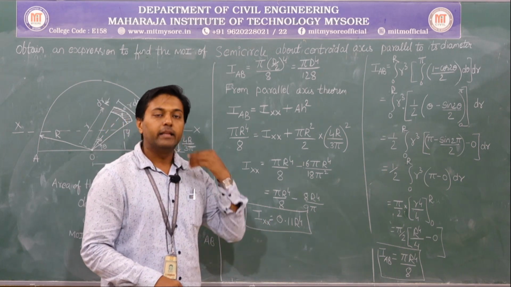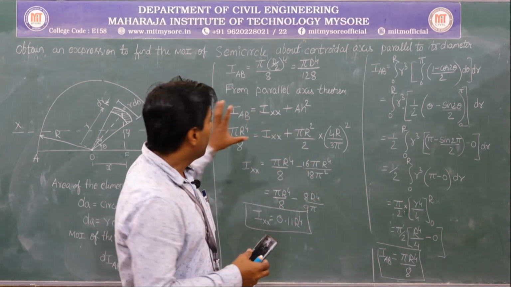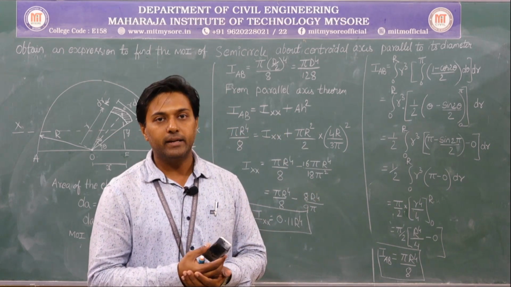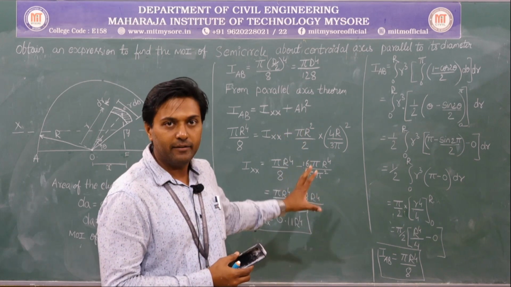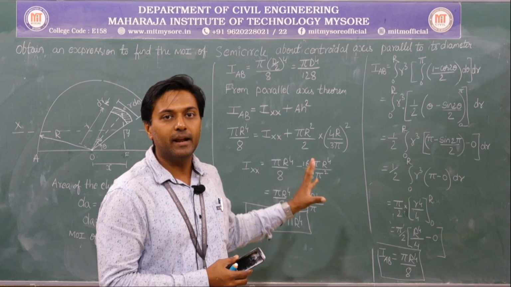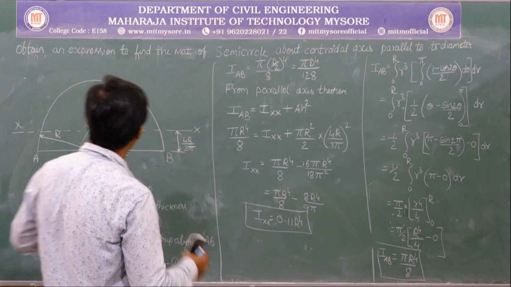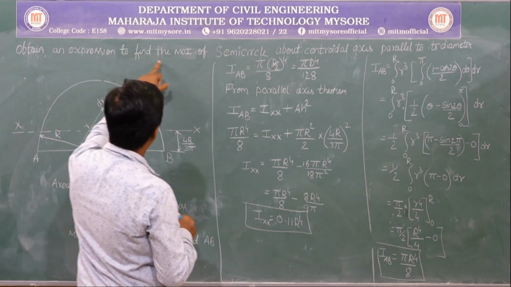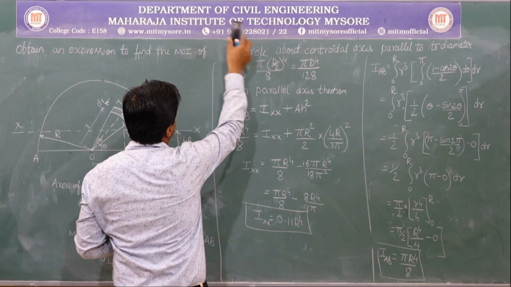So next, there is a last derivation, that is the quadrant of a circle. If you know the semicircle derivation, 90% of the derivation is same with slight alteration. That's it. Okay. So now I will be doing the same thing. Obtain an expression to find the moment of inertia of quadrant of a circle.